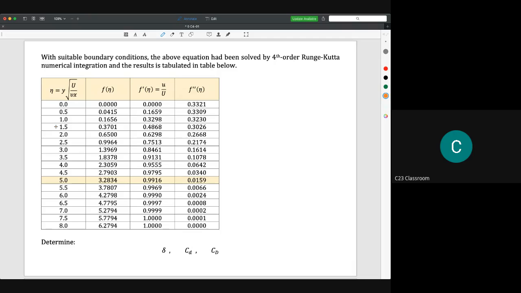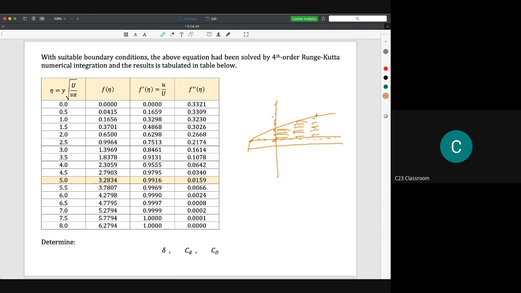It means you have a set of equations that come from your Navier-Stokes equation, and then you give the location, the value of y, because we have a flat plate like this, and you have the boundary layer occur like this one. Then you give a lot of values of y here, and then you vary it with the value of x, and you will get a lot of velocity data.